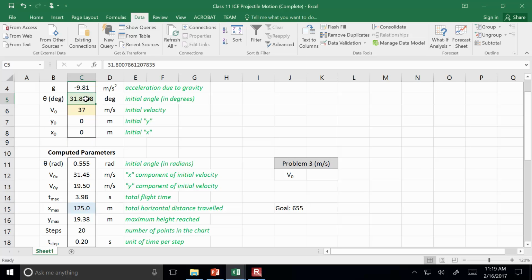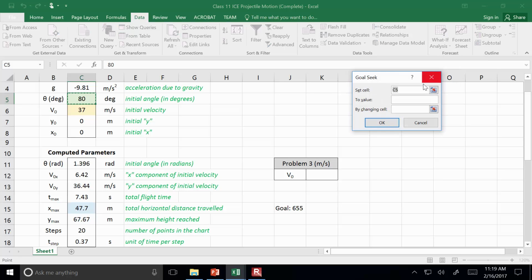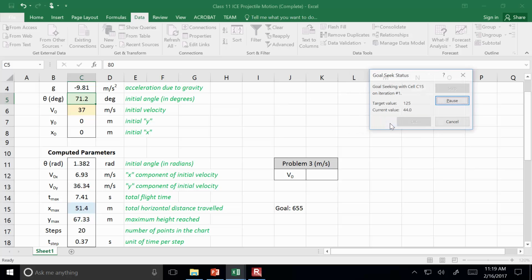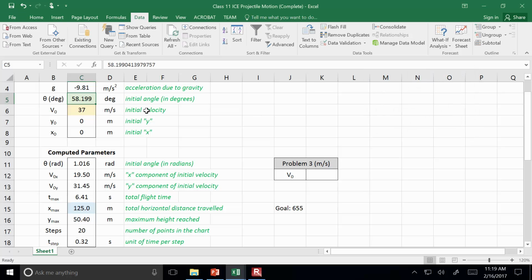But if I had like 80 degrees as my guess to begin with, and I do the same what-if analysis, so goal seek, and I'm going for the same objective for my range to be equal to 125 by changing the angle, now it's going to find the other answer. And so now it's stopped at 58.2 because my initial guess was closer to that one.